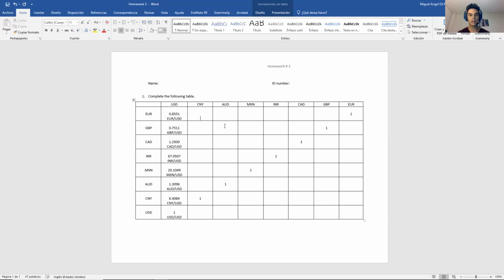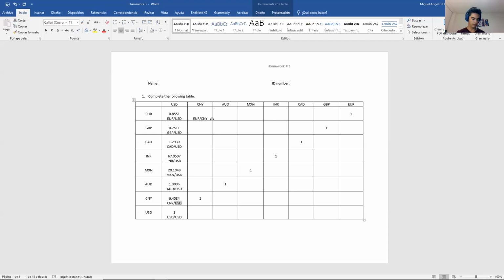For instance, here what I am asking you is to calculate the cross rate between the euro and the Chinese yuan. So how can you do that? Well, you can divide this over this, because you will be able to eliminate the dollars, and you will end up with euro over yuan.